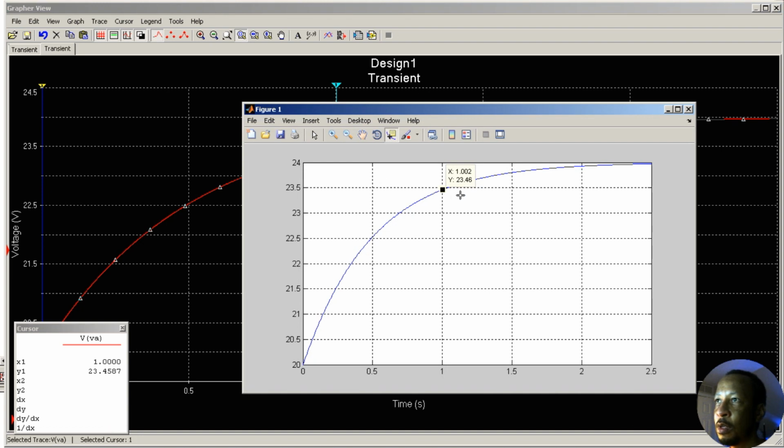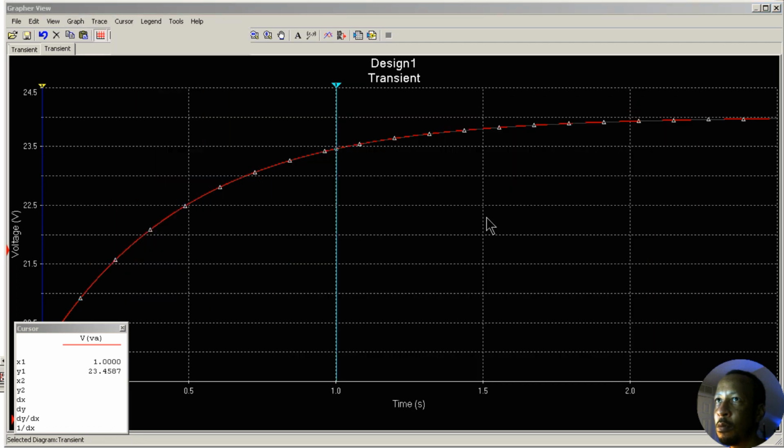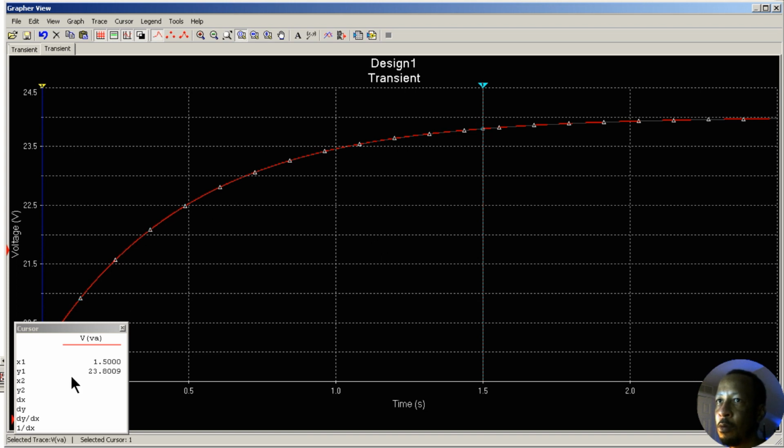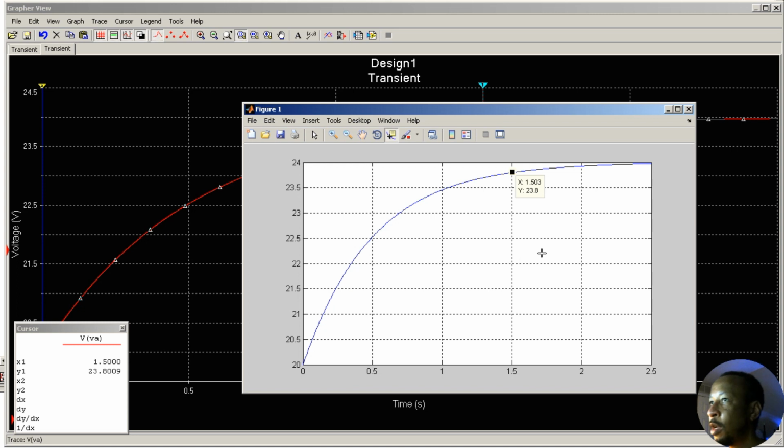That agrees. Let's go on to 1.5 approximately. What do I get? I get 23.8 in my simulator. What do I get on my MATLAB script? I get 23.8. That checks out good.